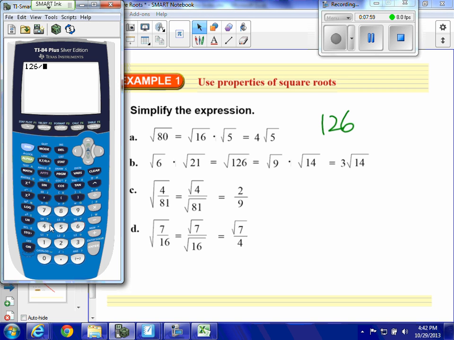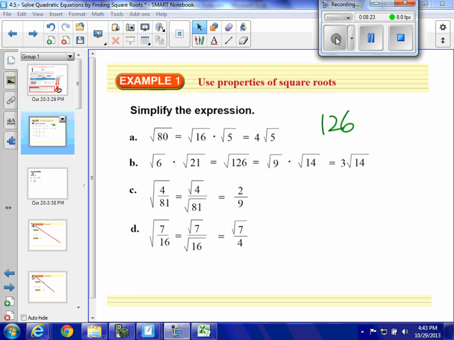So you divide it by 4. Well, that didn't work. I don't get an even number. I take 126, and maybe I divide it by 16. No, that didn't work. Well, I'll take 126, and I'll divide it by 9. Oh, that worked. So now I know I can pull a 9 out from under that radical sign and just be left with the 14. If I don't know my perfect squares, that's going to be difficult to do.